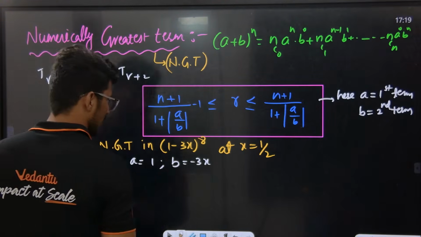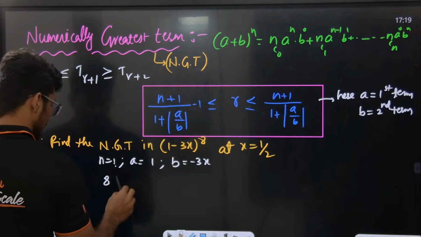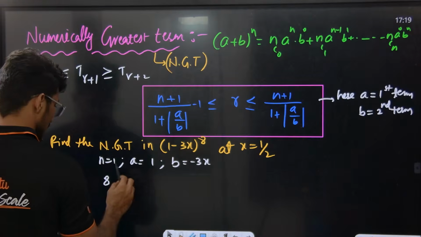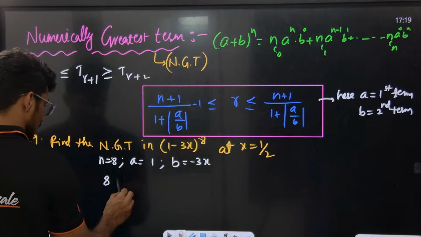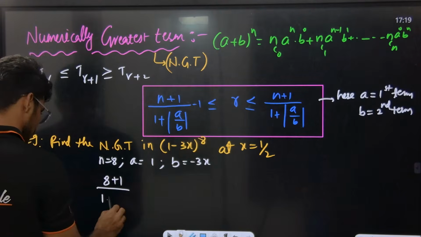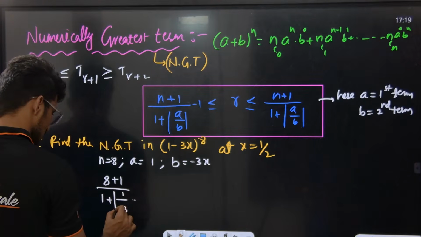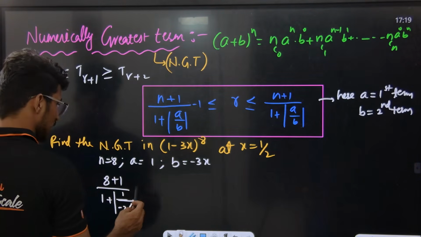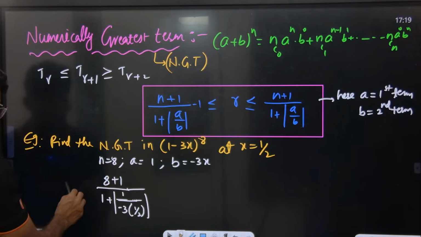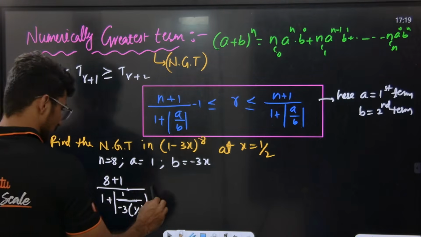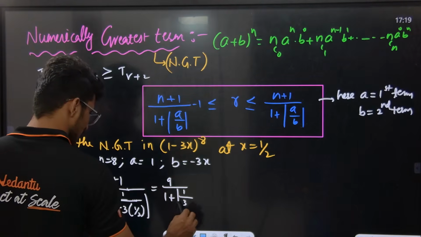You can write minus 3x, in fact. n value is 8 here, right? So (n+1) divided by 1 plus mod of a by b, that is 1 by minus 3x, where x is 1 by 2. Simplifying this, the r value will come, and r will definitely be lesser than this. So let us simplify: 9 divided by 1 plus modulus of 1 divided by minus 3 by 2.